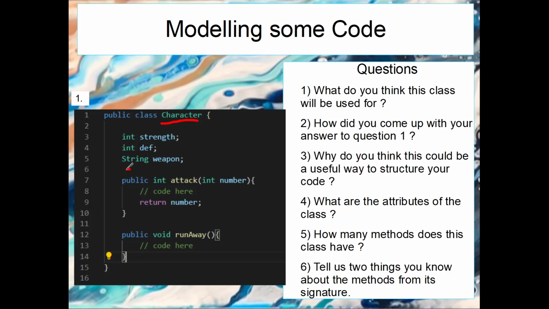You can then have a look at the attributes and the method names, and from that information you can guess what kind of object this class will create. So this will most likely be a character in a game. It may be an enemy, or it may be a parent, where you could create loads of different types of characters. But if I had to guess, that's what I would guess.